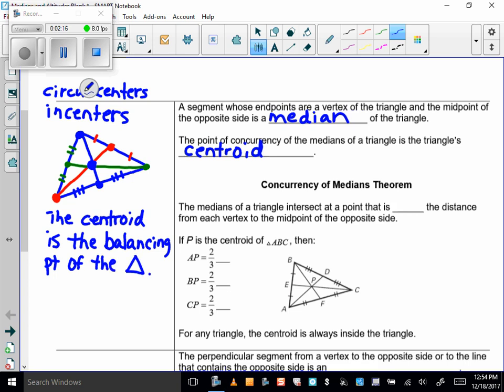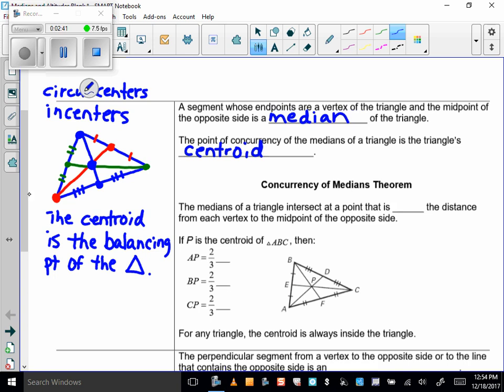So you got a triangle, you find its centroid, and then let's say you take the point of your pencil and you place that triangle's centroid right on the tip of your pencil. That triangle should balance there. It will if the circumstances are right. Centroid is the balancing point. It's the point of concurrency of the medians of the triangle.